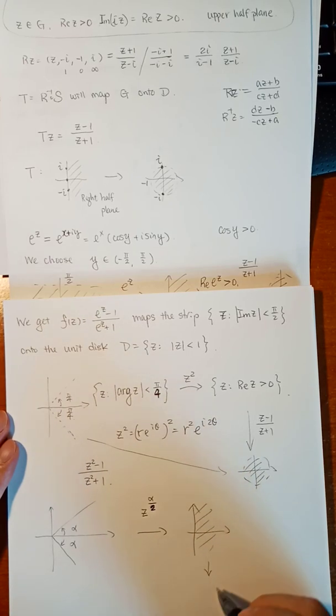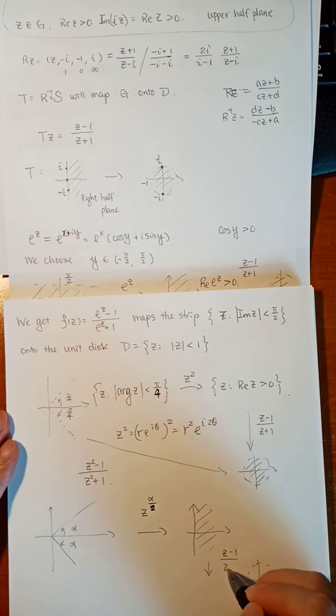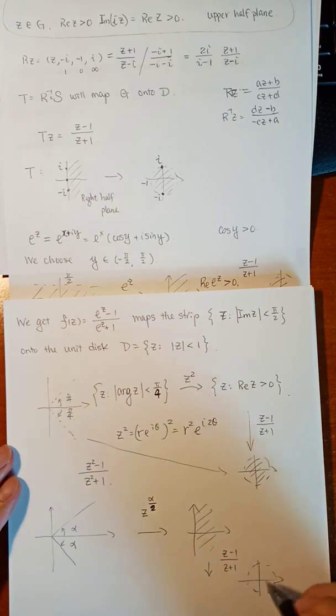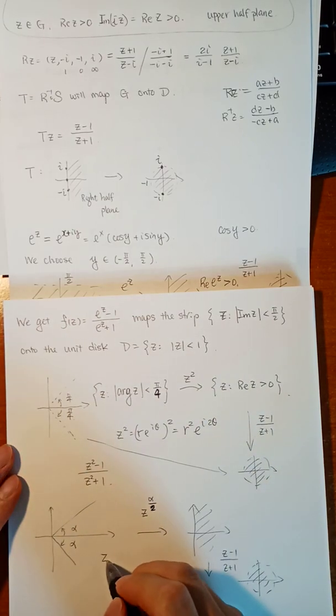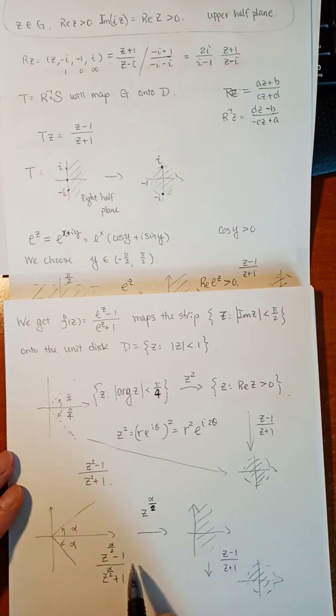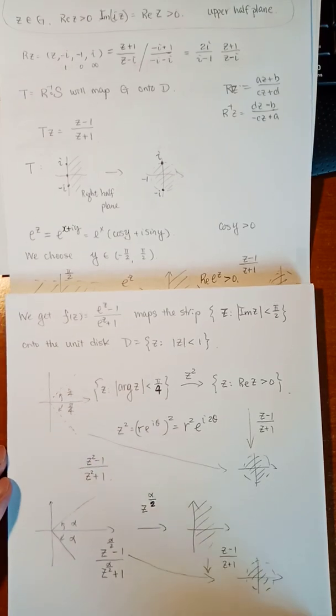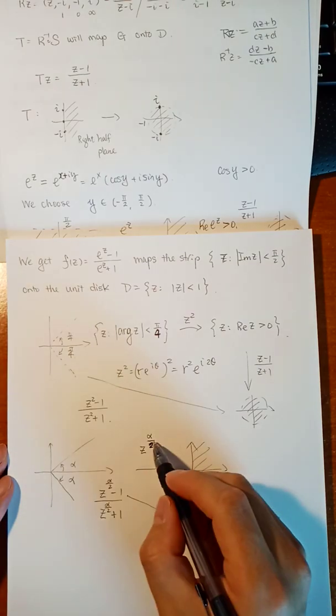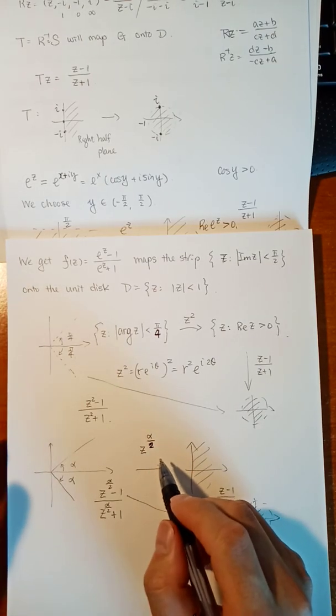Then you apply this important Möbius transformation (z minus 1) over (z plus 1). You will get (z^{alpha/2} minus 1) over (z^{alpha/2} plus 1). This is the analytic map. Of course, here you are going to just choose the branches.